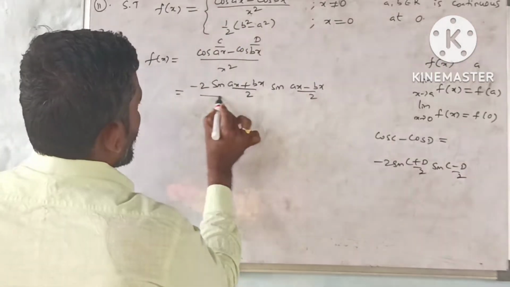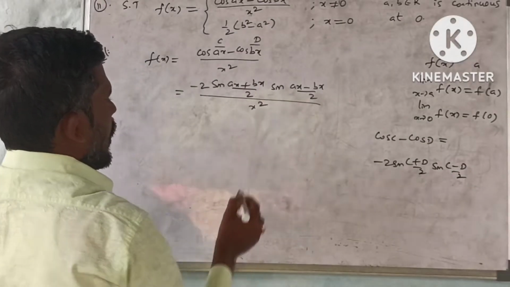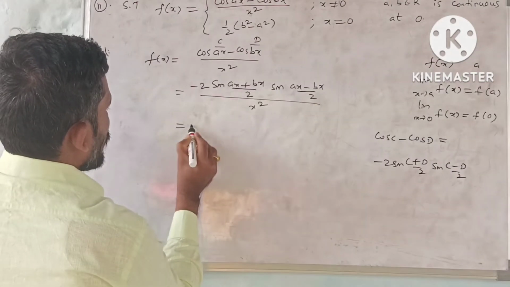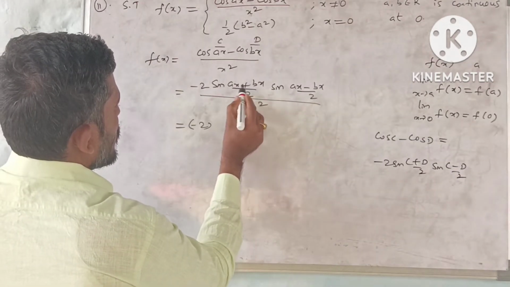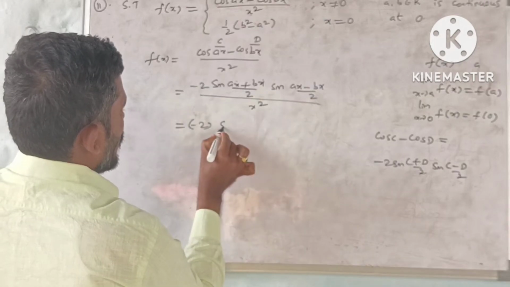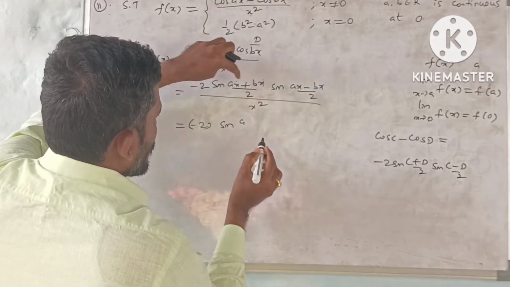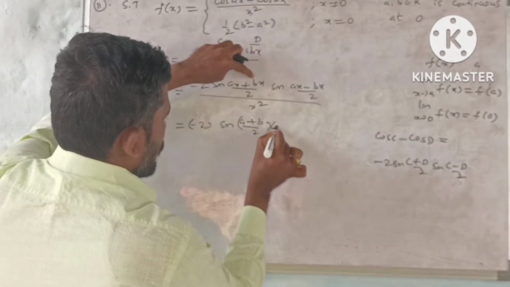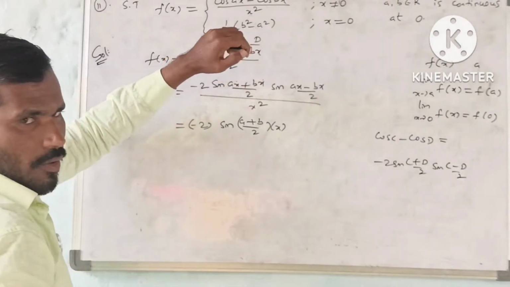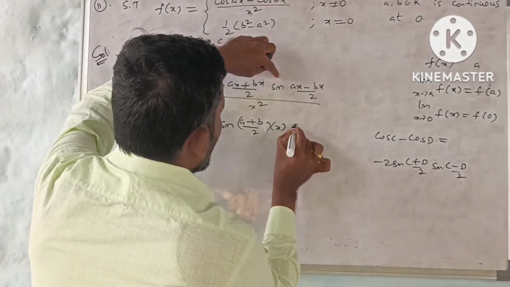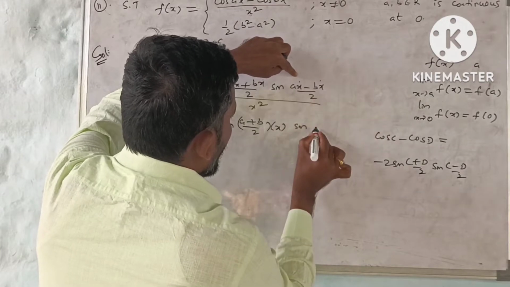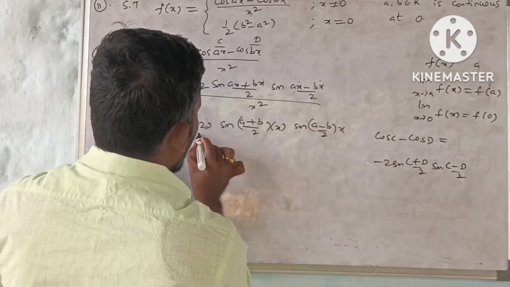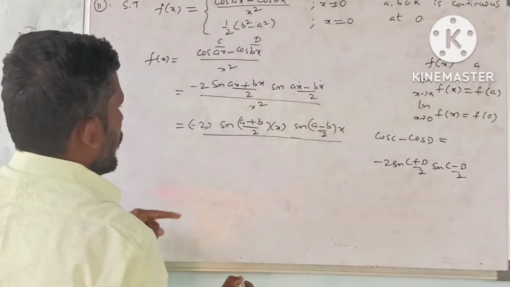Now this is only the numerator. At the same time you have the x square in the denominator. So minus 2, and taking x common, the remaining is sin of (a plus b) by 2 of x, and sin of (a minus b) by 2 of x, by x square.